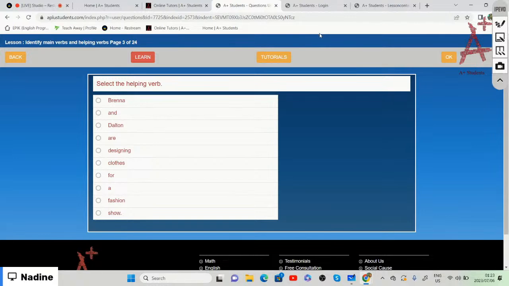All right, so we need to select the helping verb, right? Brenner and Dalton are designing clothes for a fashion show.